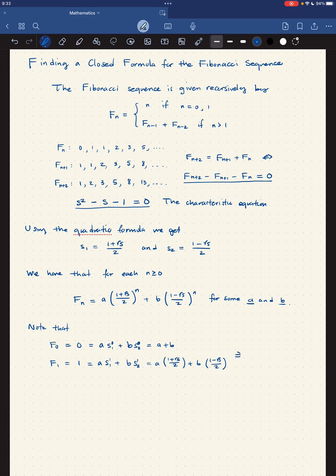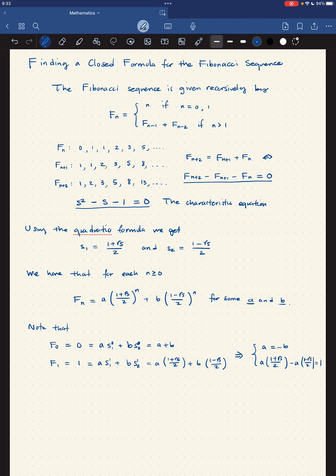So from here, I've derived the following. This equation is telling me that a is equal to negative b, or equivalently, that b is equal to negative a. So from that one, I can substitute this into the second equation to obtain the following expression: a times 1 plus the root of 5 divided by 2 minus a times 1 minus the root of 5 divided by 2 is equal to 1.